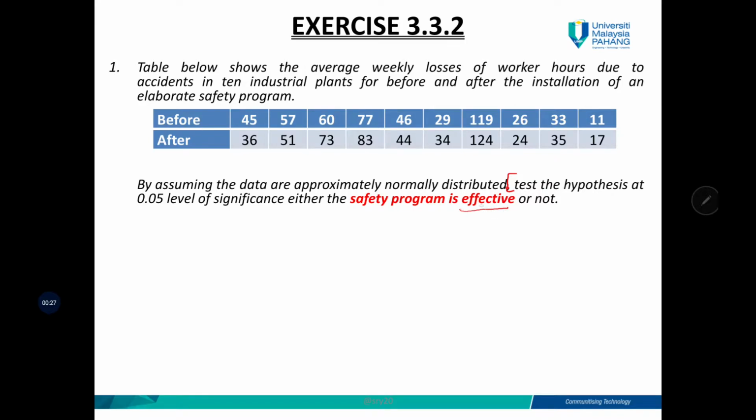So for effective, we need to choose the proper parameter. We can look at the variable used for this data. The variable used is the average weekly losses of worker hours. When we look at the variable, the data is about what?